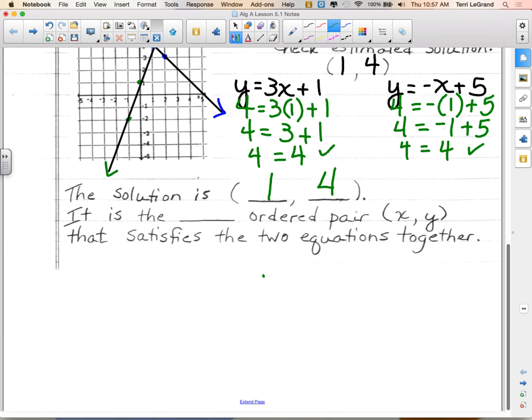In other words, it would be a point that they share in common, other than ordered pair 1, 4. What do you think? Look at your graph. Do you think there are any other points they share in common? Yeah? Okay, name it. Give it to me then. What is it?